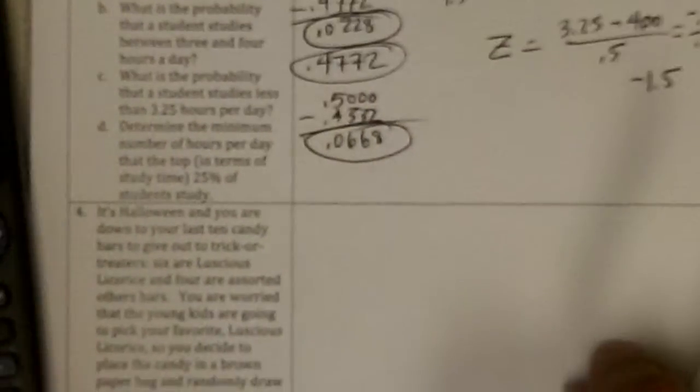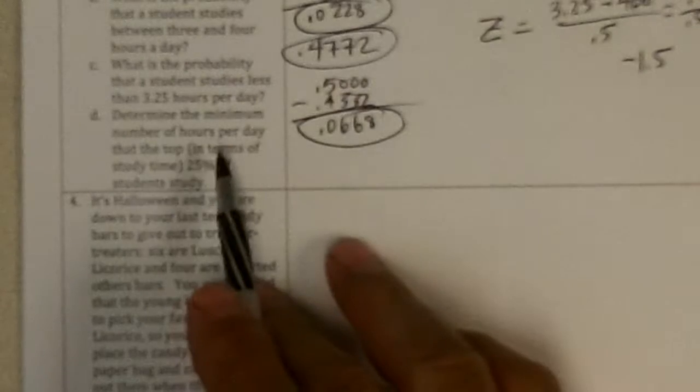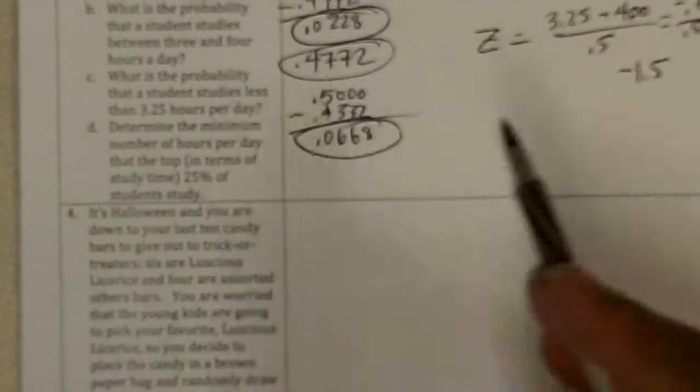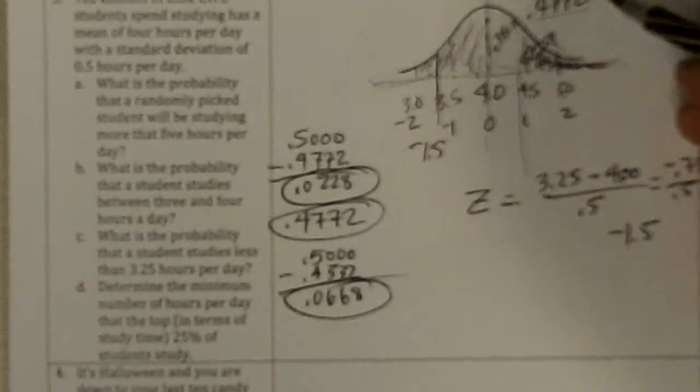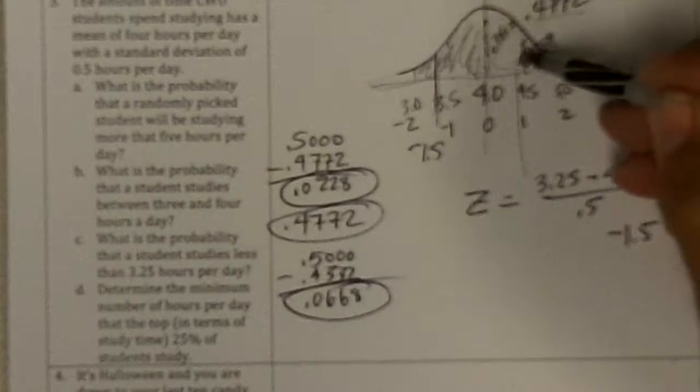Now, a minimum 25%. So that would mean top 25%. What is the amount of hours they study? So out here somewhere is 25% up here that they study.